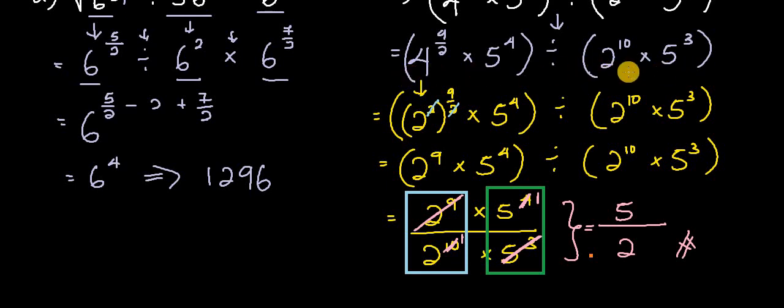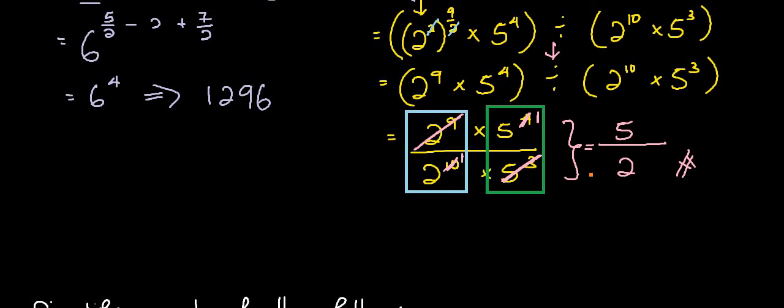But 2 and 4, they're not really in the same base. But I know 4 has a connection with number 2. I know that 2 power 2, I can get 4. So I try to make them in the same base, simplify it further. And then since it's a divide here, I write them in a fraction and solve them singly. And this is how I get 5 over 2.